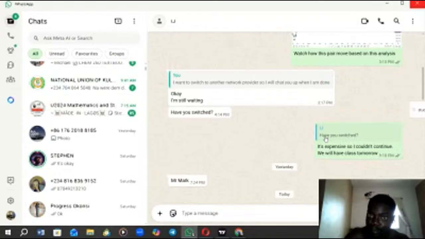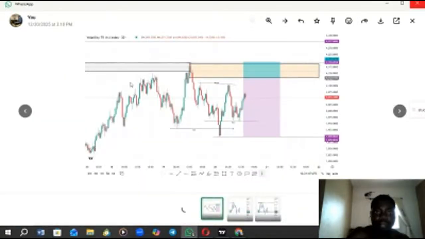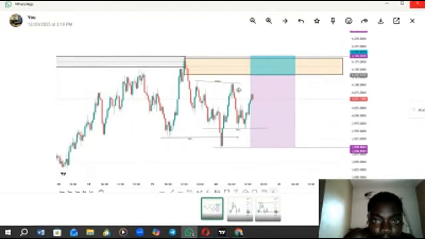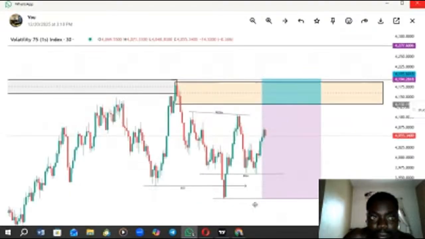Okay, so this is it here now. All right, we had the break of it. We're expecting that tap before we sell on the what time frame is this? What time frame? It's not even showing the time frame. Let's see. Okay, on the 30-minute time frame.